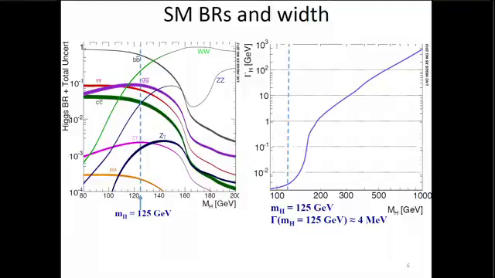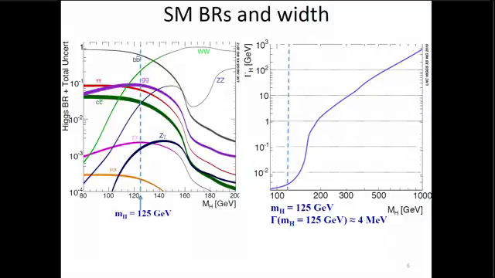Okay. Then, on top of production, there are decays. This mass of 125 GeV is very interesting because there are more or less all the possible decays with a significant branching ratio. The highest branching ratio is in b-bbar, which is a very difficult channel to detect. Following that, we have WW and ZZ.